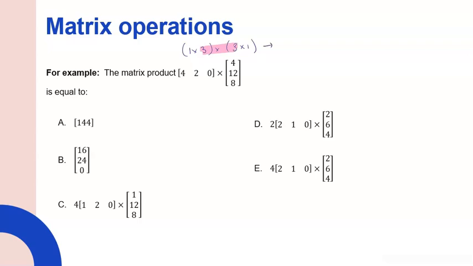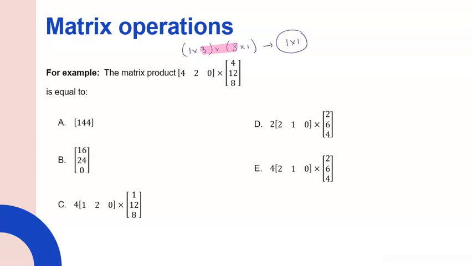What it means is our answer will be a 1 by 1 matrix. Good news, except the only 1 by 1 matrix that is here is actually not the correct answer. So this is a tricky question because we could be fooled into thinking that A must be the answer because it's the only one in the right size or the right order.